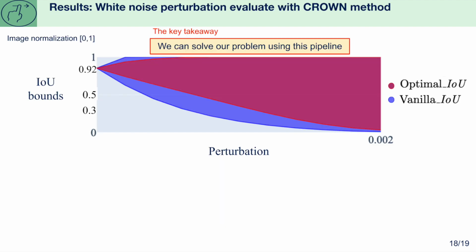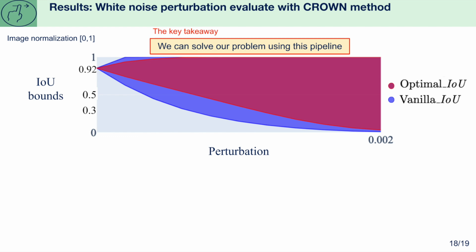So the key takeaway of this slide is that we can solve our problem using this pipeline. In fact, we normalized an image and apply a perturbation shown on the x-axis. And on the y-axis, we show the bound on our IoU. Without perturbation, the IoU is a single data point, equal to 0.92. The more we perturb it, the wider the IoU bounds become.